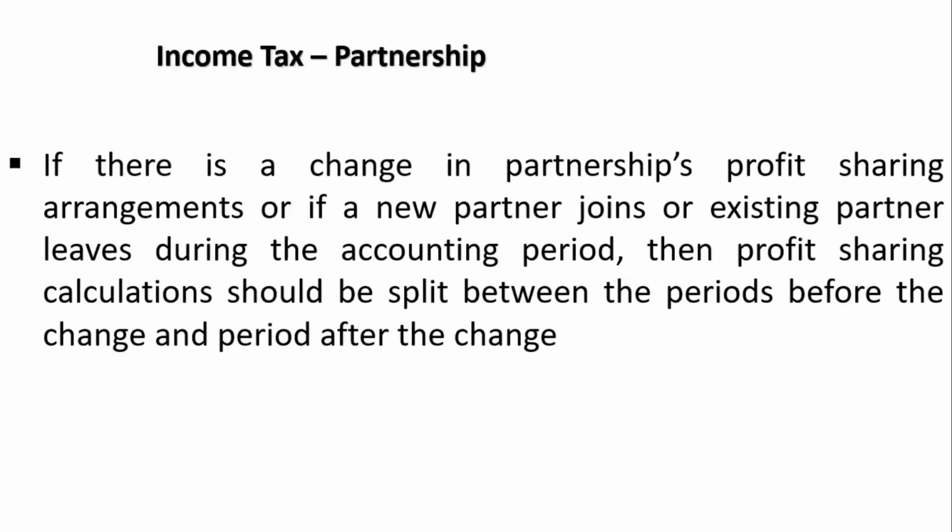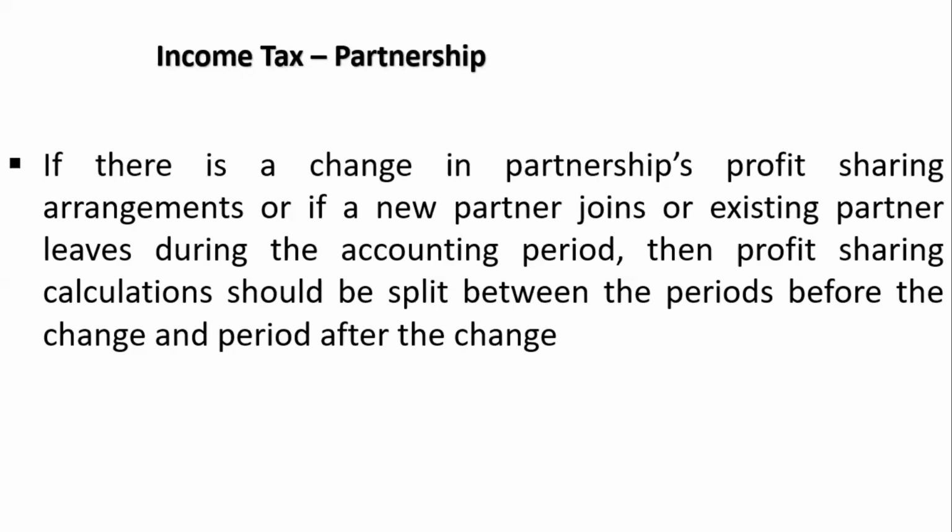Let's suppose there are three partners and the partnership prepares accounts on 31st December each year. On 1st January 20, a new partner joins. We will not prepare a separate account, because up to 31st December those profits will be shared between three partners, and from 1st January 21 to 31st December, the next year's profit will be shared between four partners.